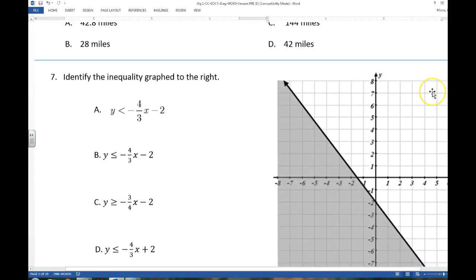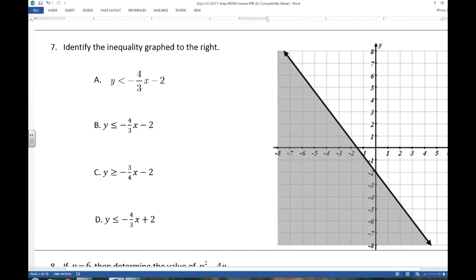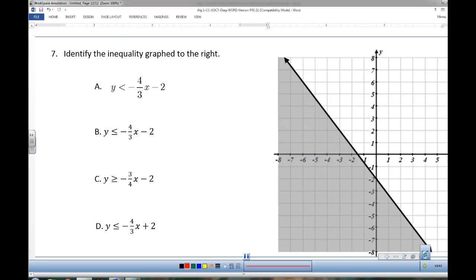All right, let's look down. We've got an inequality here graphed. Well, a couple things. So we see our shaded area down here. And we have a solid line. So remember we talked about inequalities. You do a solid line if you have a greater than or equal to or less than or equal to.